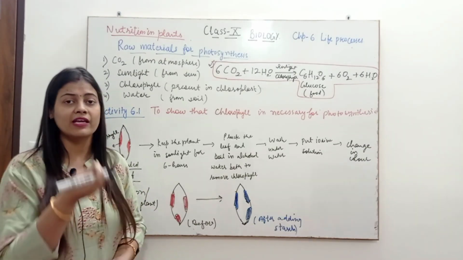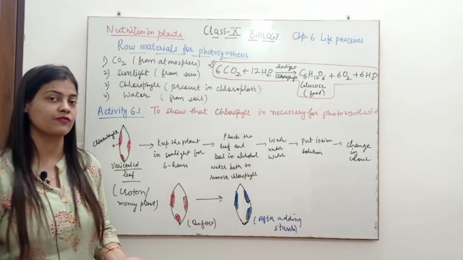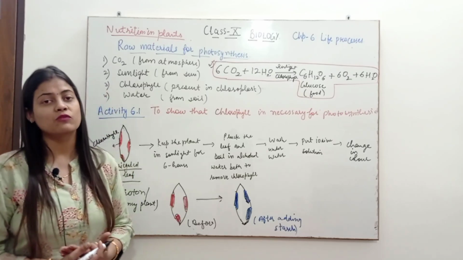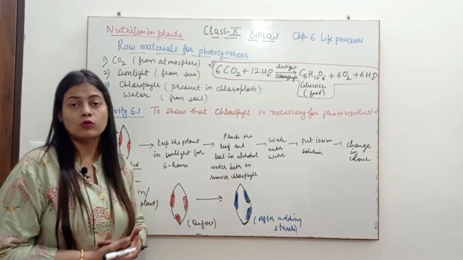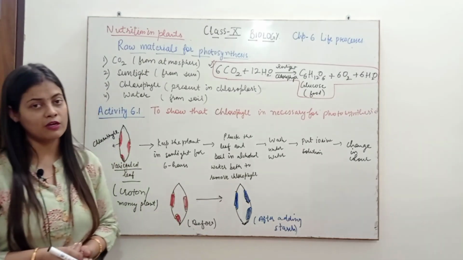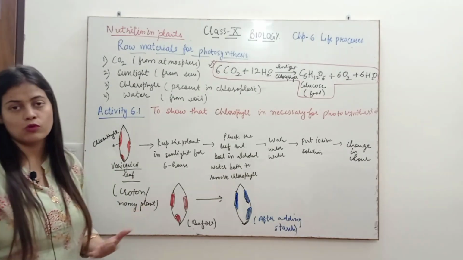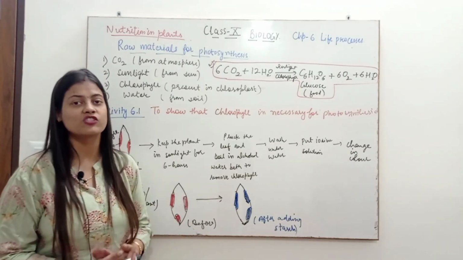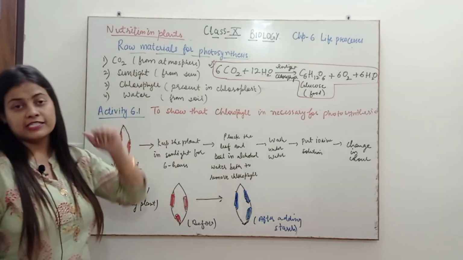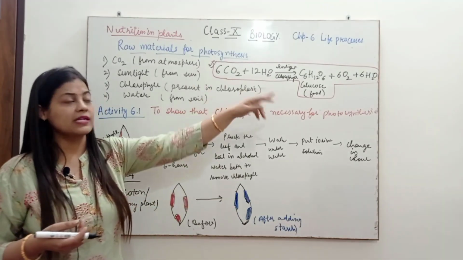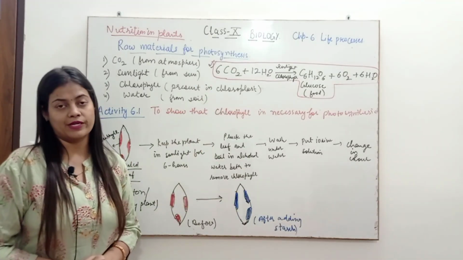We have already discussed the guard cells, the structure of stomata and how the guard cells work, how they open, how they close and at what time, and why they do so, because they have to exchange gases: CO2 they take in and oxygen they release out through stomata.